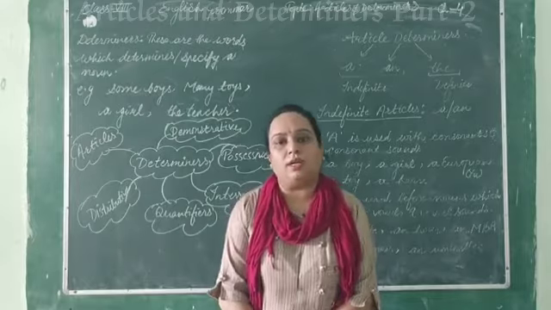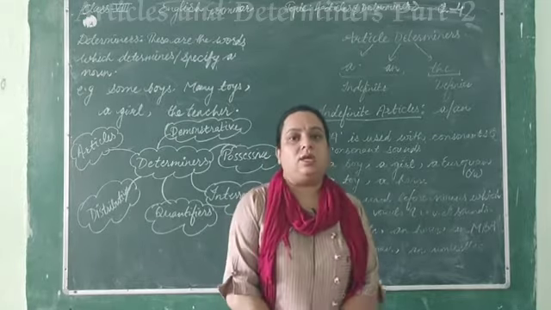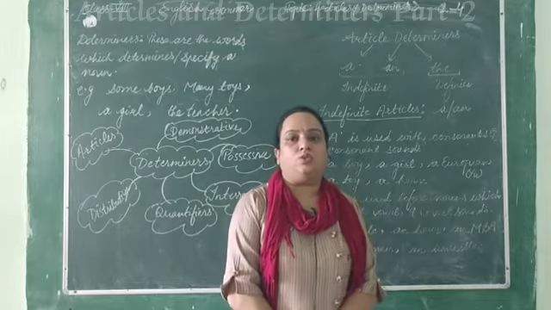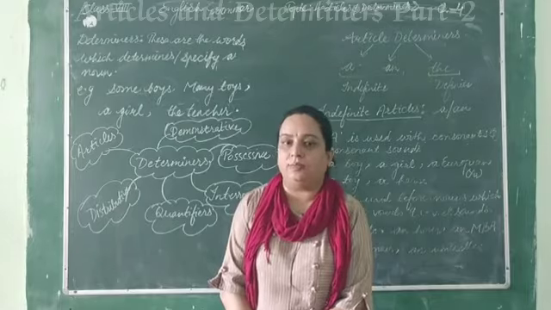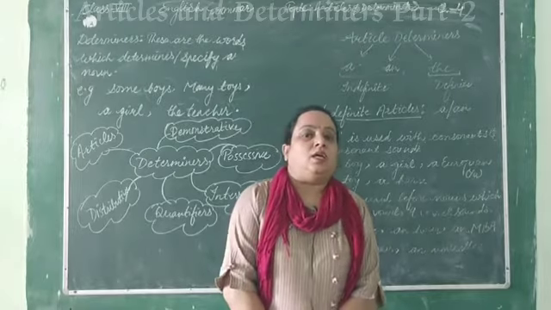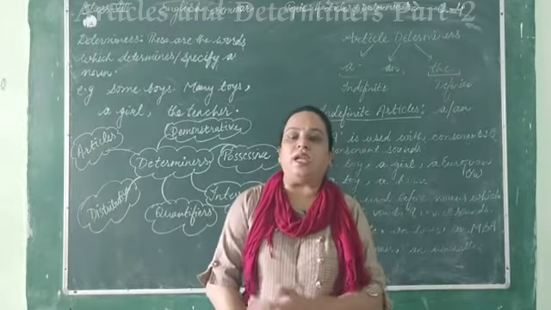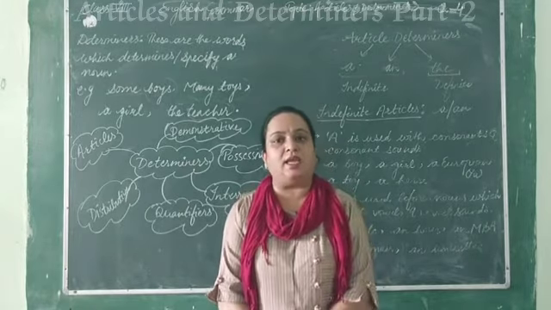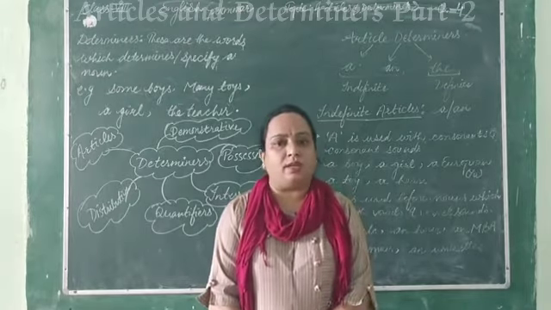When we talk about indefinite articles, a and an are indefinite articles, and the is categorized as a definite article. Here we will learn about the indefinite articles, a and an, and we will also learn the uses of indefinite articles.